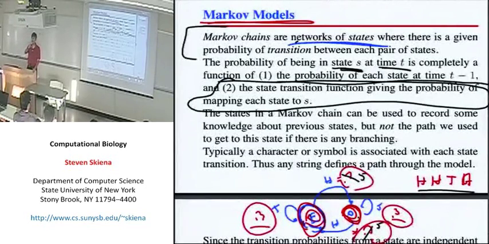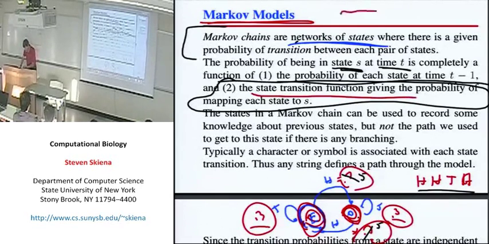The transition probabilities are the probabilities of the model. That is something that is fixed as a result of the model. The model is a network of states. There's a state transition function giving the probability of going from one to another.